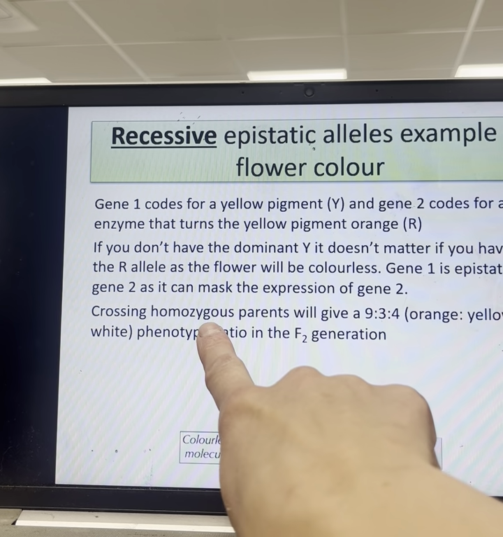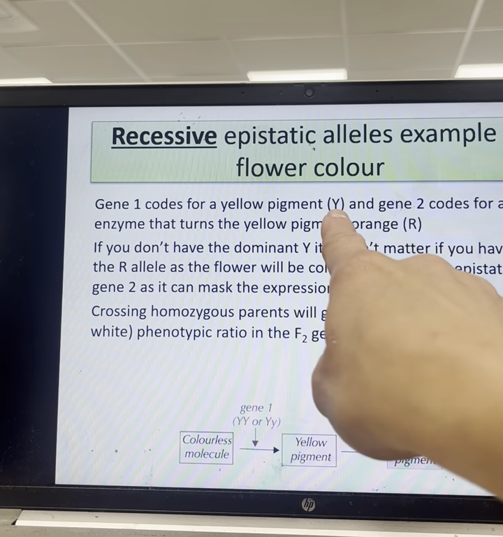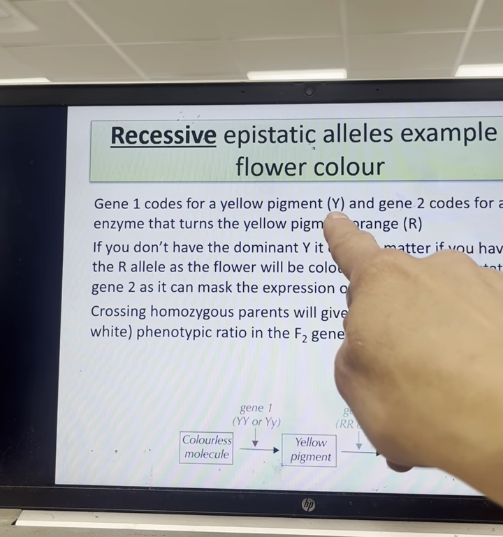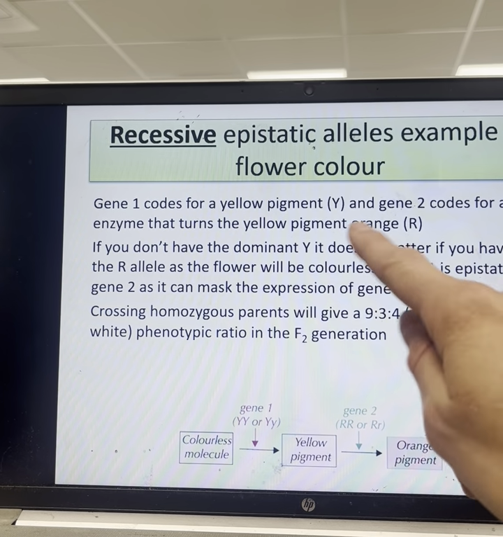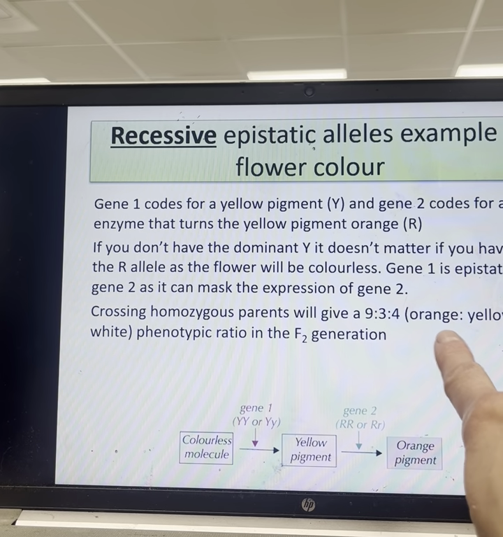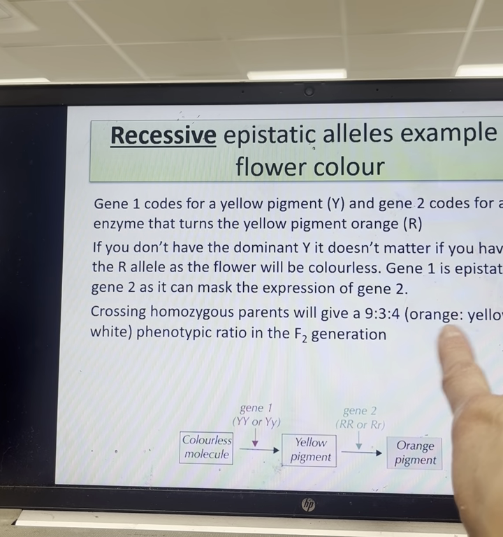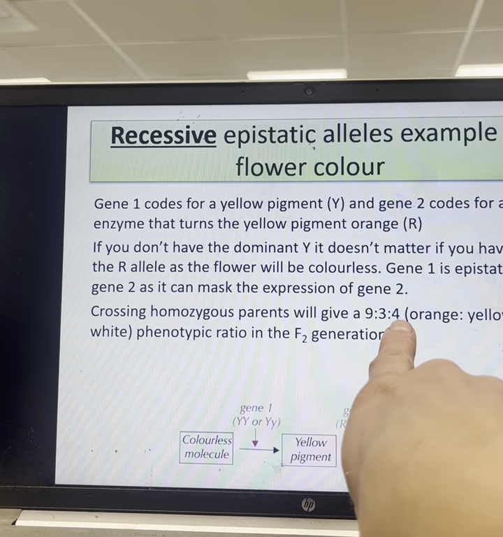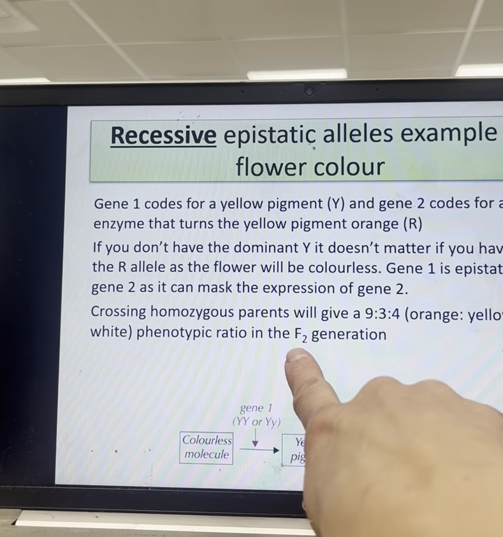So homozygous, if you remember, we're talking like our wild types, I think, where you've got capital Y, capital R versus lowercase y, lowercase r, will give the ratio of 9 to 3 to 4. So 9 of them will be orange. Then 3 of them will be yellow, and then you've got the recessive ones that will be white. Phenotypic ratio in the F2 generation.